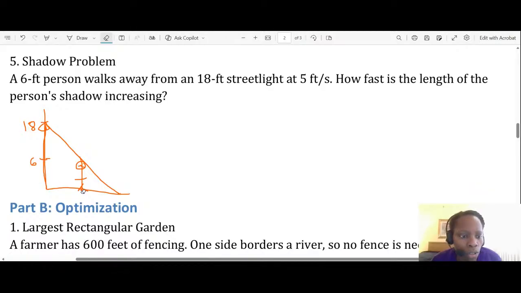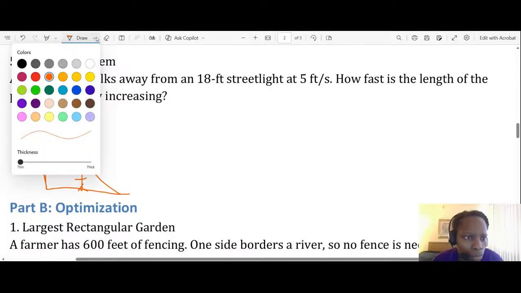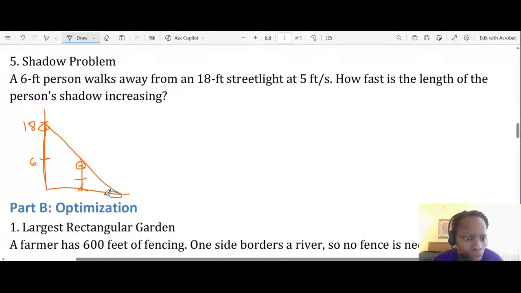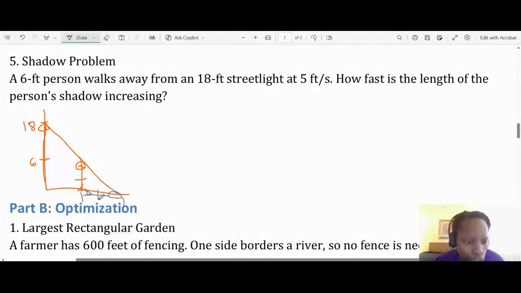And so there ends up being a shadow on the ground. The shadow on the ground also has its own length. Just call it S for shadow.